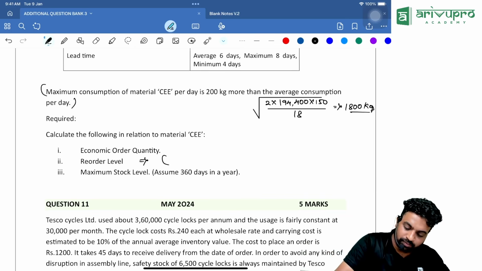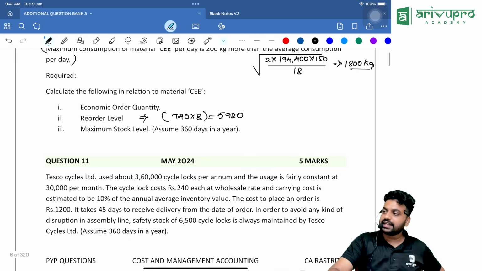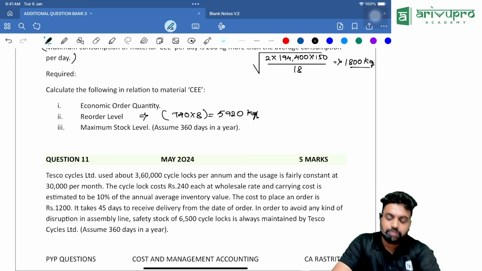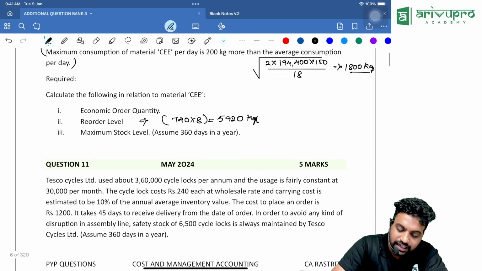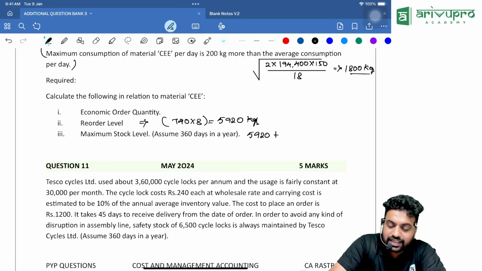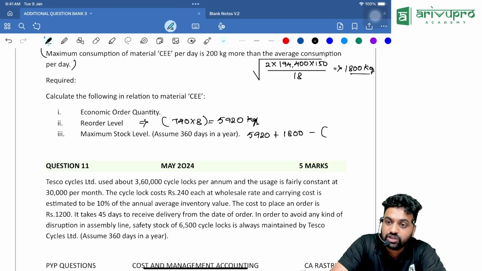Reorder level they are asking. Maximum consumption into maximum lead time. Maximum we got as 740, and maximum lead time is 8 days. That is 5,920 kgs. They are asking maximum stock level. Maximum stock level is reorder level 5,920 plus reorder quantity, which in the given scenario is EOQ itself, minus minimum consumption into minimum lead time.